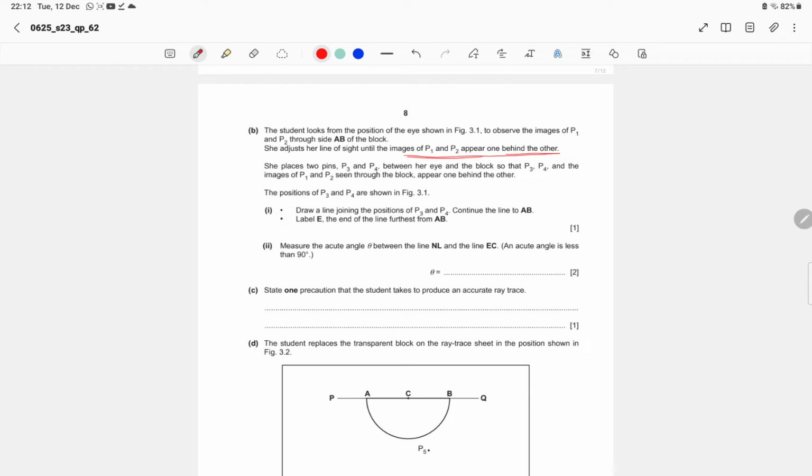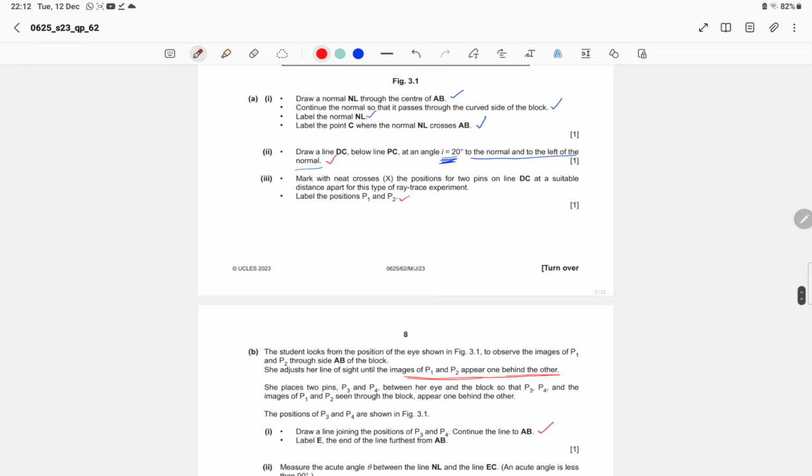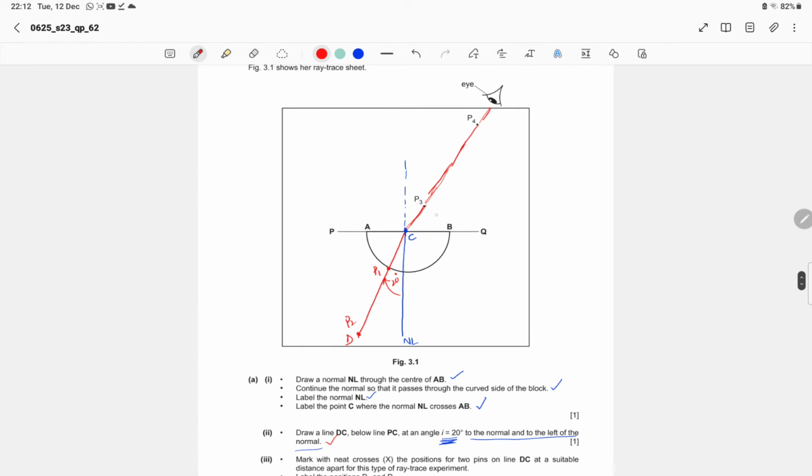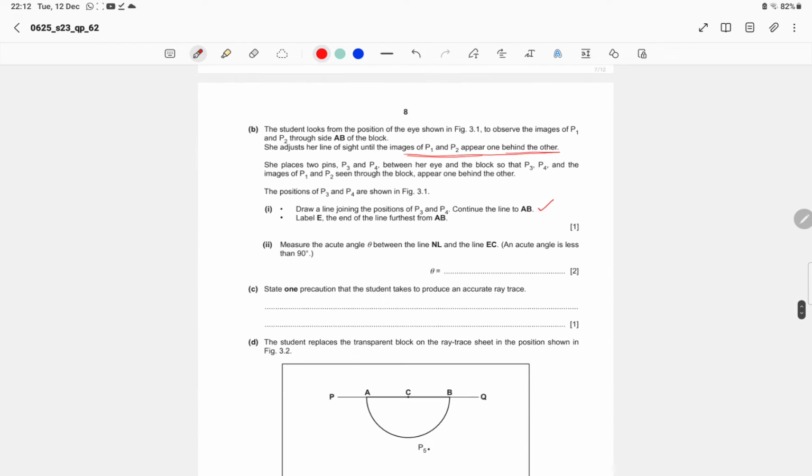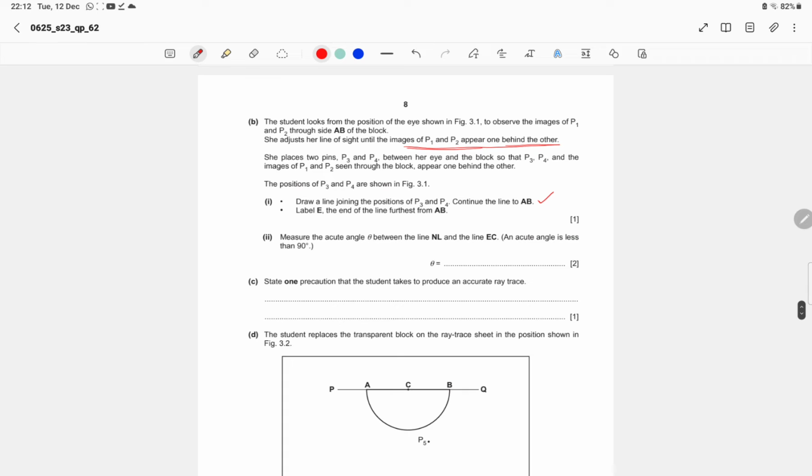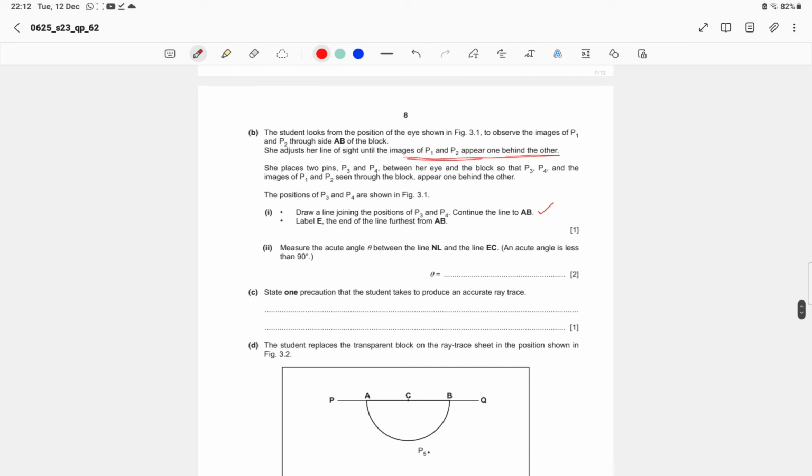Draw the line joining the positions P3 and P4 and continue the line to AB. We have already done this. We have joined the points P3 and P4; P3 is pin 3, P4 is pin 4. Then label E the end of the line furthest from AB.